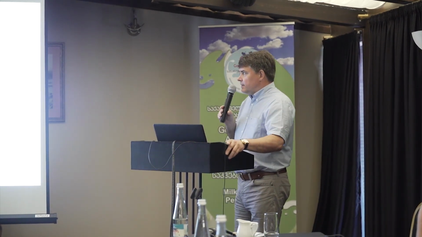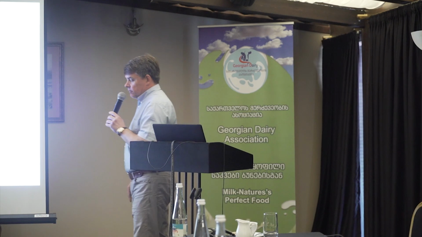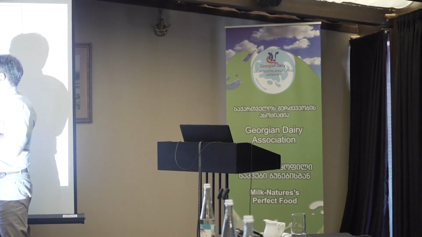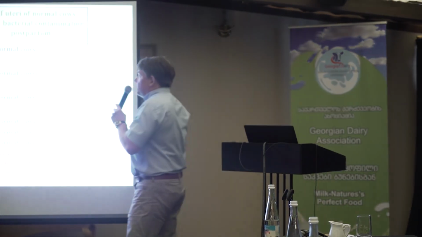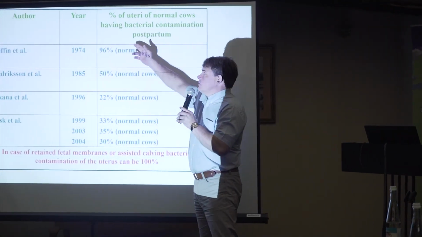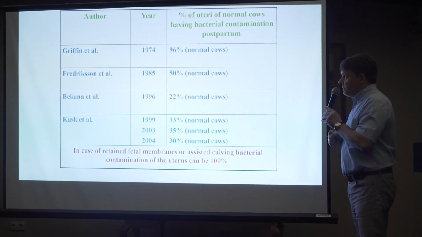We cannot say that every cow has an infection in the uterus. And there is a change over the years, because the first studies concerning bacteria in the uterus were done at the beginning of the 70s, last century. And then the answer was that nearly 100% of normally calved cows have bacteria inside the uterus.